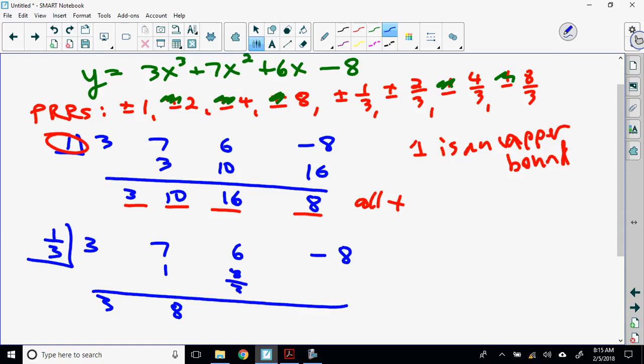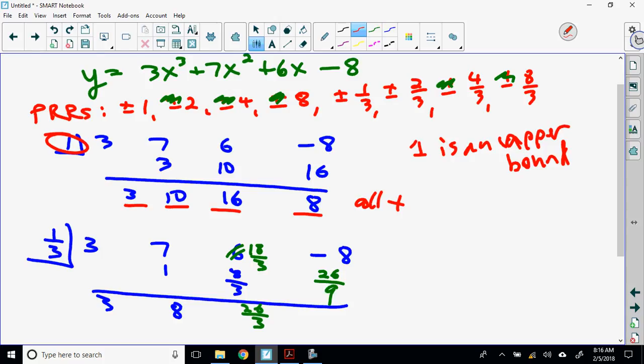Now 6 is really 18/3. So if I have 8/3 plus 18/3, that's going to be 26/3. Good. Now 26/3 times a third is 26/9.